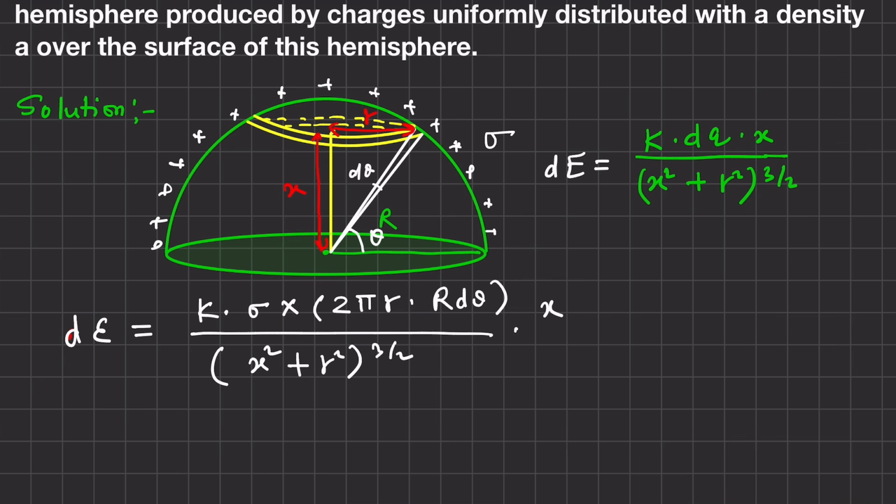That is going to be the field due to this element. Okay, now I have replaced the dq value in terms of r and d theta.